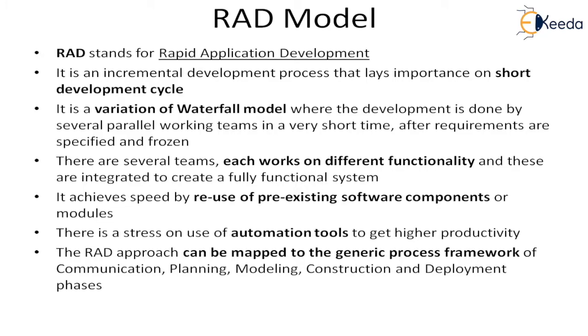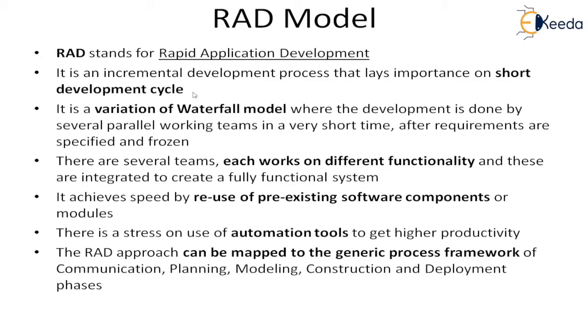Now let us come to a second model of this incremental concept, which is known as rapid application development, or RAD in short. It is an incremental development process that lays importance on a short development cycle.